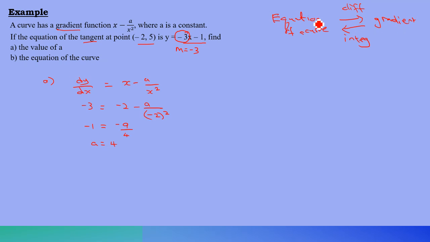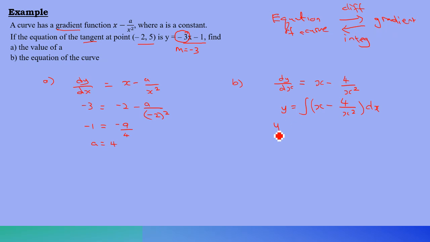Part B, forming the equation. Remember, from gradient to get the equation, you need to do integration. So what is your gradient given? Since you already know the value of a, put it in. So it is (x minus 4) over x squared. If you want to find y, integrate with respect to x.